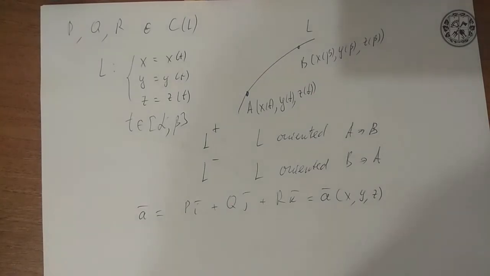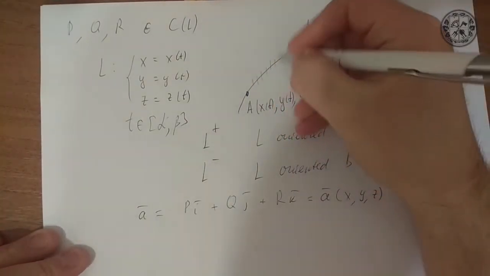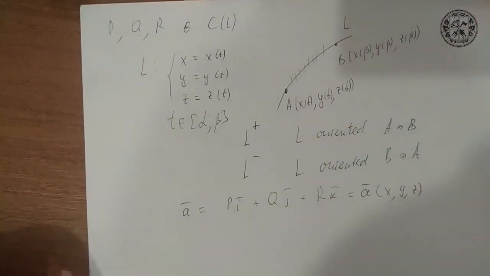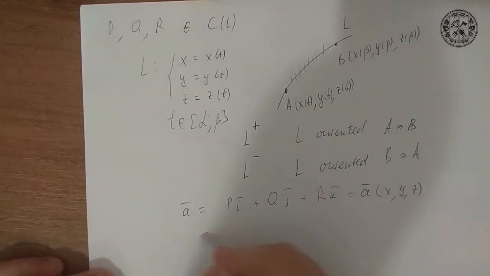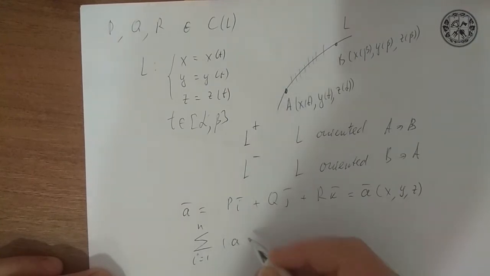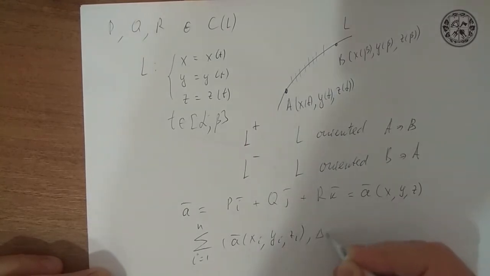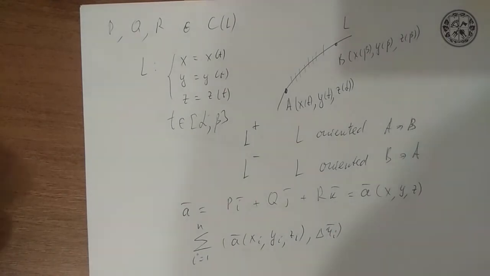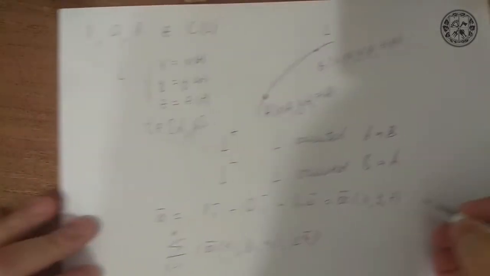If we make the same operation, splitting this curve into pieces as in the previous problem, then we'll get the same approximation. We will get the sum for i from 1 to n of the scalar product A of xi, yi, zi by delta ri, where xi, yi, zi are coordinates of point Mi.